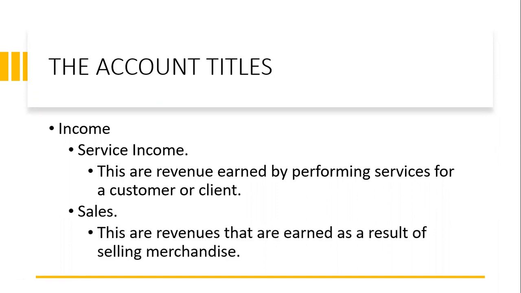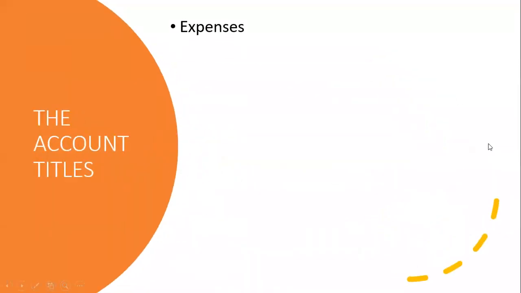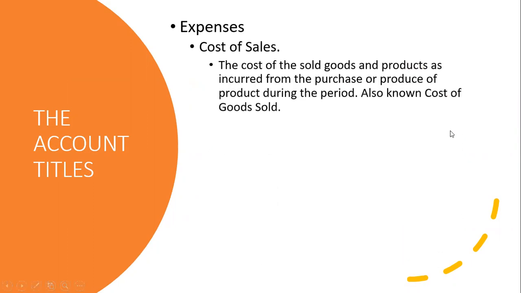Sales naman, this is for merchandising. Kasi nga, this is the revenue earned as a result of selling merchandise. The account titles, another one, is expenses. So pag sinabi natin expenses, it may be cost of sales, which are the cost of goods sold. Okay. And products as incurred from purchase or production of products during the period, also known as cost of goods sold.